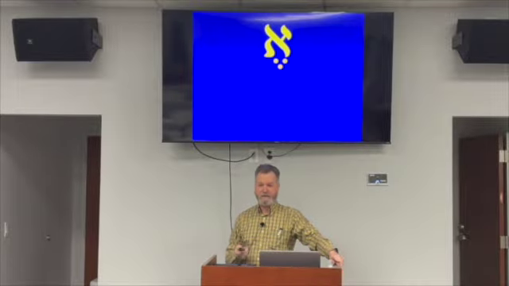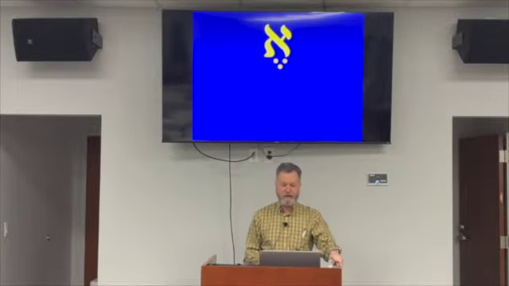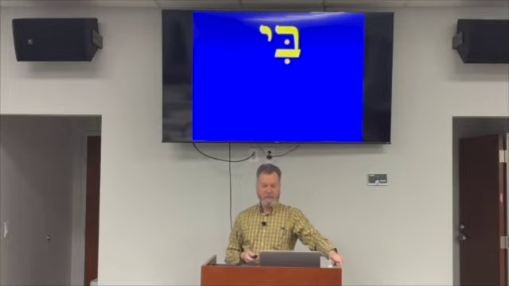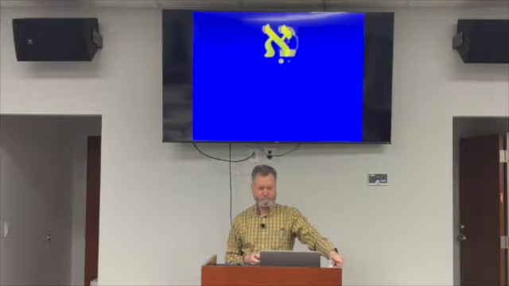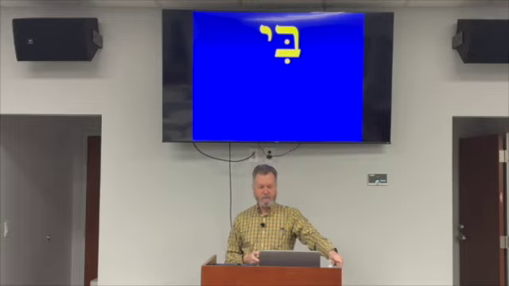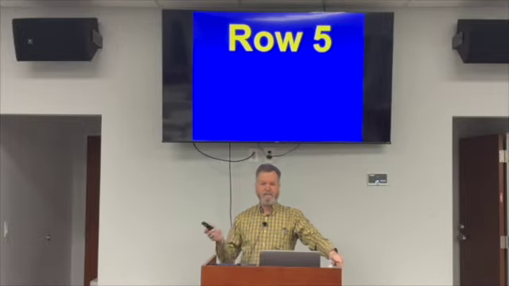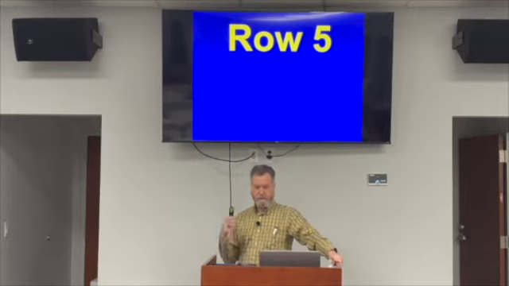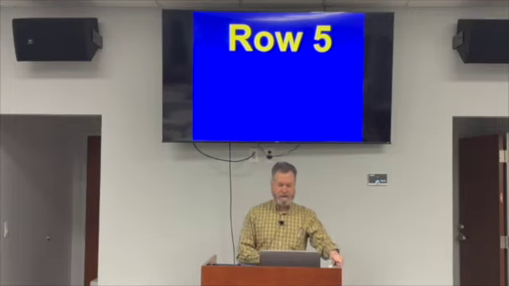We have the aleph, which is silent, and then the segol underneath gives us eh. B. E. B. Now, if you're falling behind, just read the English when it's up there so you get a moral victory. Row 5. Okay.